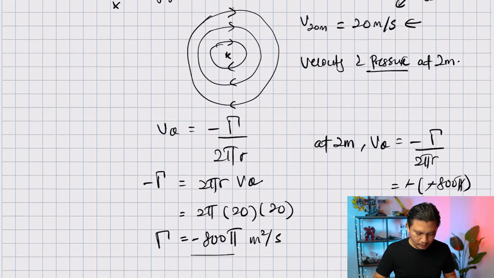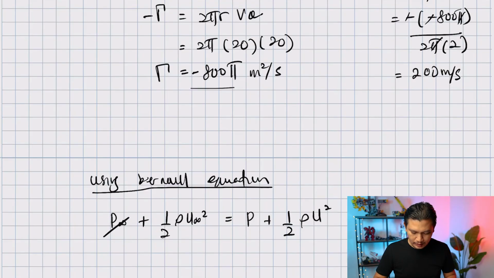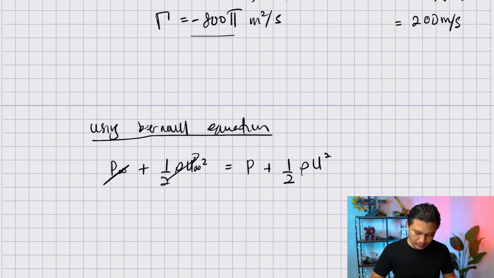So P away from the tornado is 0 gauge. Okay, so this is 0. And the velocity far away from the tornado, we can also assume to be 0. So this is 0. So that leaves us P equal to minus half rho u square.